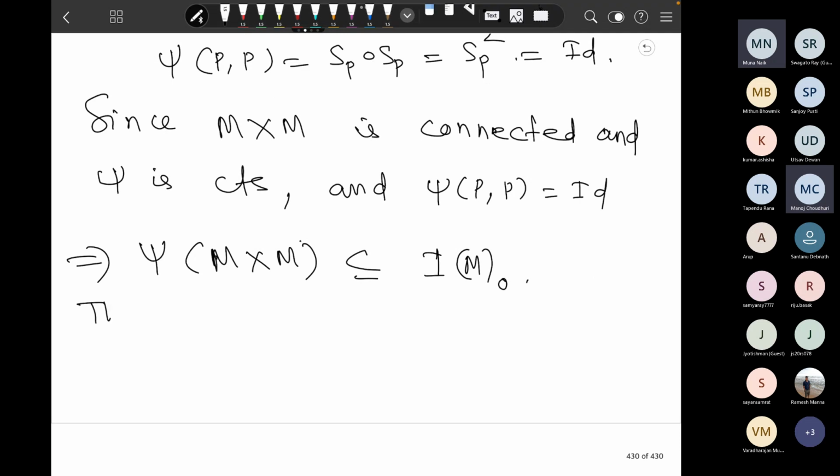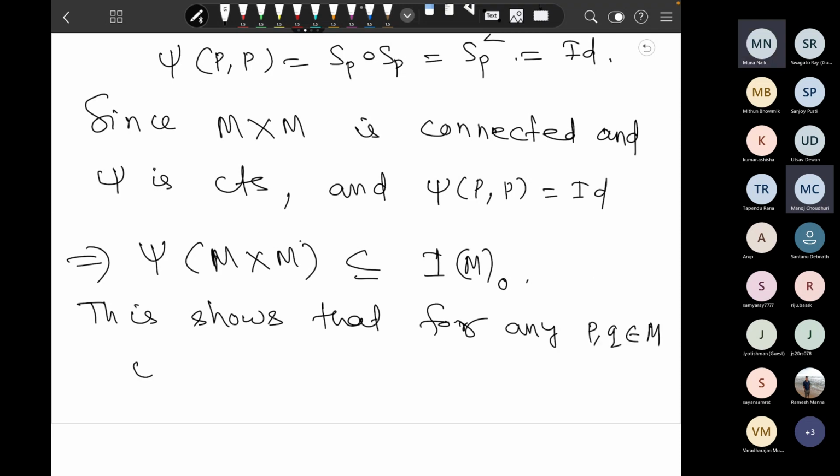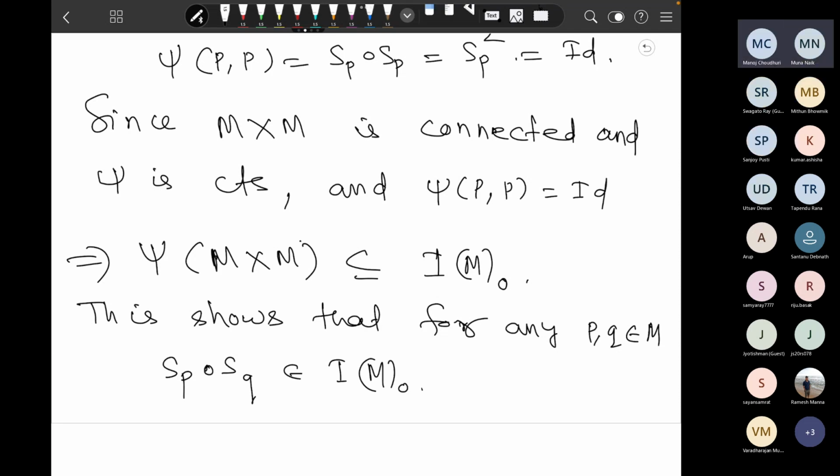So that for any P, Q belonging to M, S_P composition S_Q belongs to I_0(M).